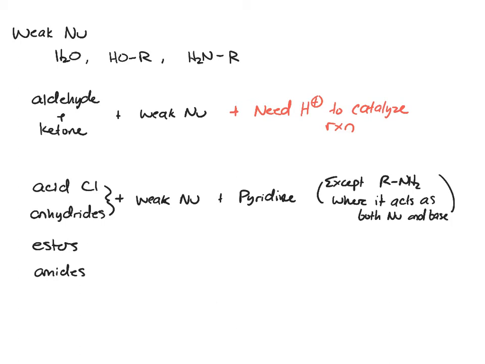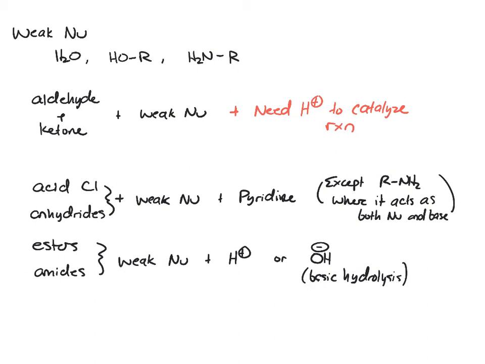The esters and the amides, for these, if we were converting these to something else, again, they don't typically react by themselves, so you're adding the weak nucleophile plus an acid.